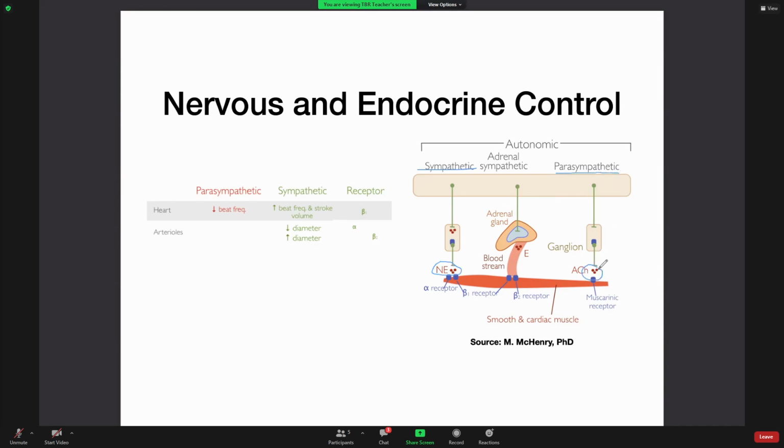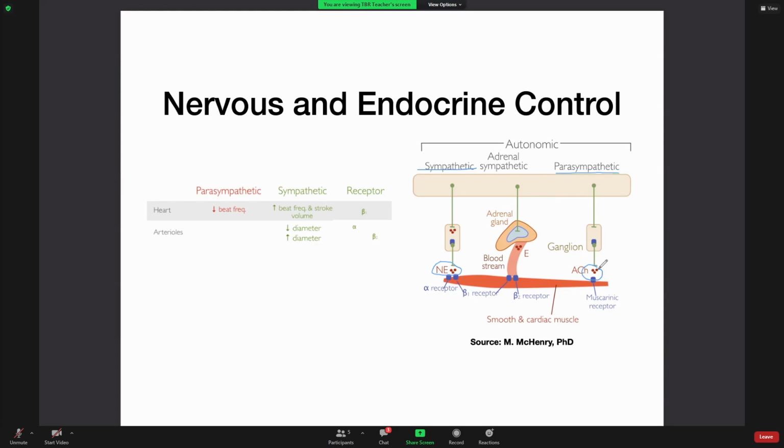So based on what you expose the heart to, that itself can give you a sense of what it's going to do. If you expose the heart to norepinephrine, you can think, oh, that's the sympathetic nervous system neurotransmitter, so that'll probably do sympathetic nervous system effects.